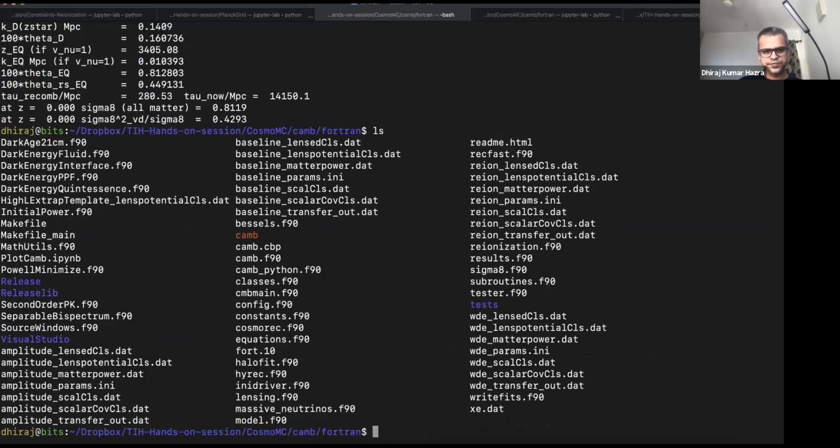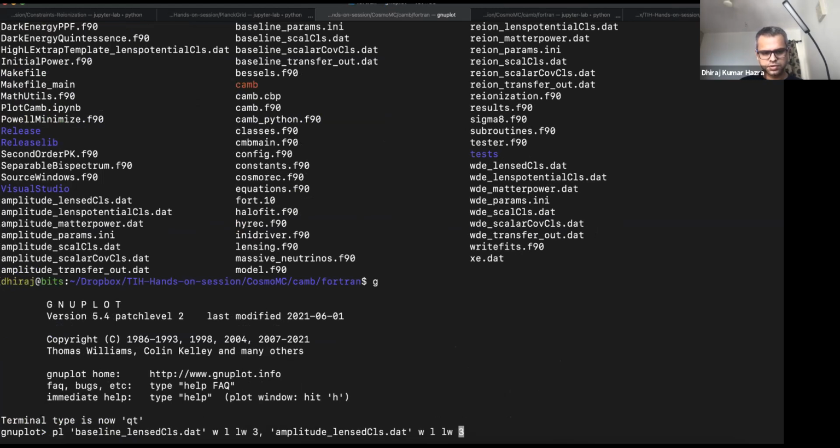It is done. So let me see if I'm plotting here. I'm plotting EE data, the third column, using 1:3. I would urge you to go through this once the session is over.